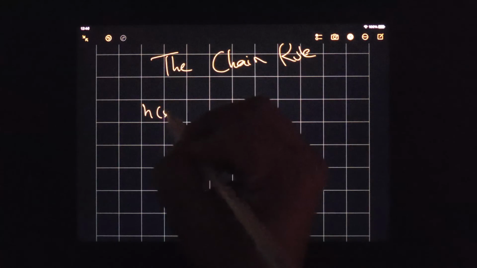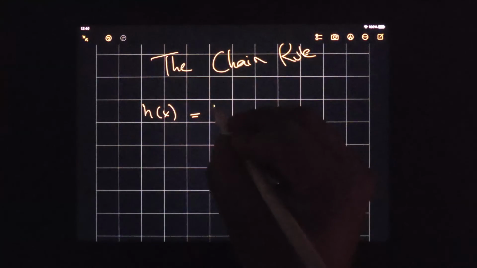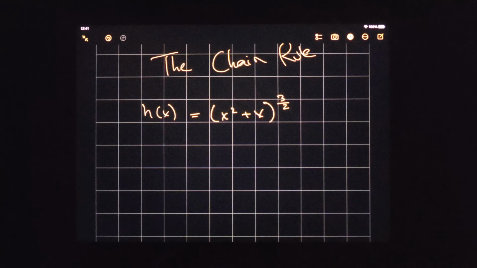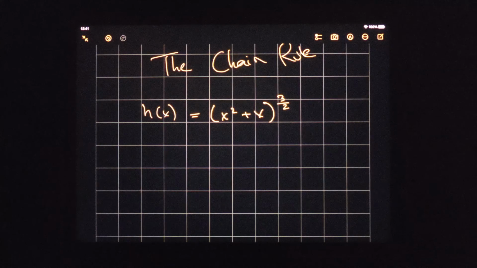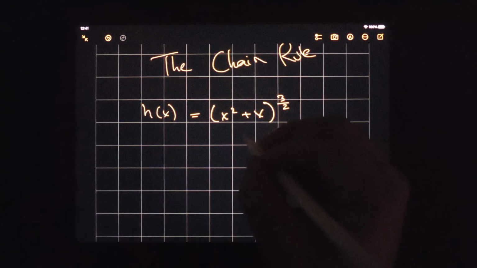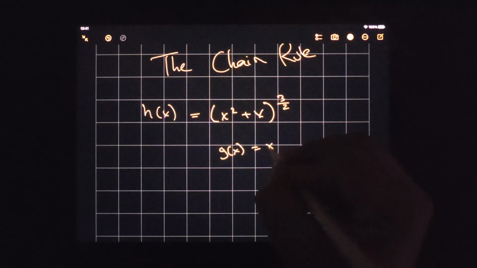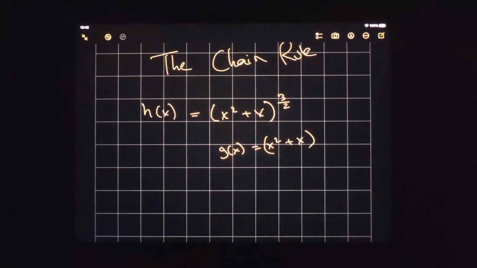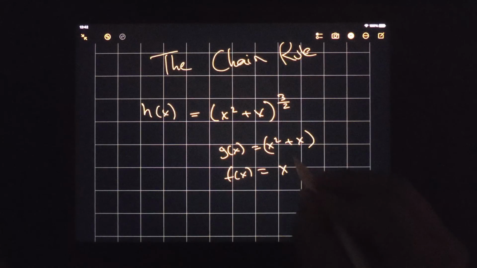So let's just try an example. Let's say we have h of x is equal to x squared plus x to the power of 3 over 2. The way we interpret this is that our g of x is equal to x squared plus x, and our f of x is going to be x to the power of 3 over 2.